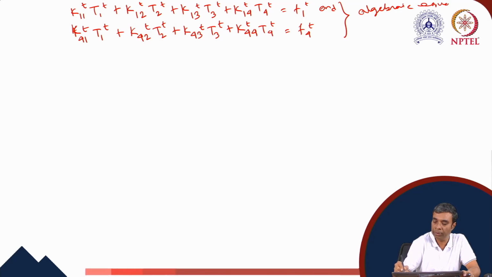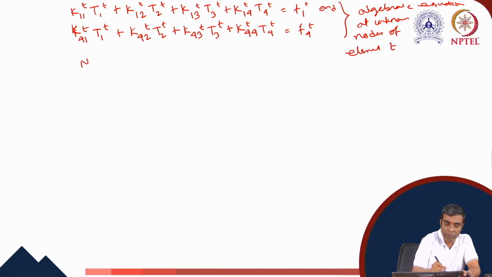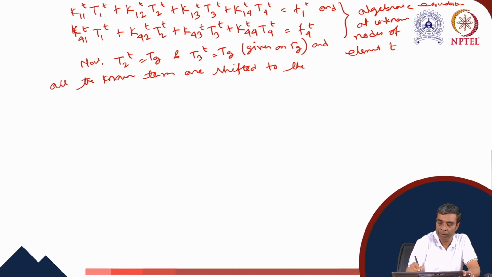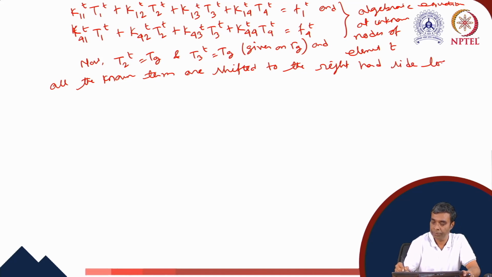These are algebraic equations at unknown nodes of element T. Now T2T equals Tg and T3T equals Tg, given on gamma g, and all the known terms are shifted to the right hand side load vector.